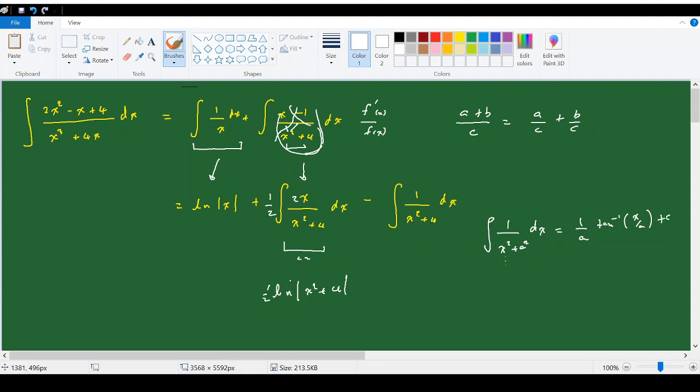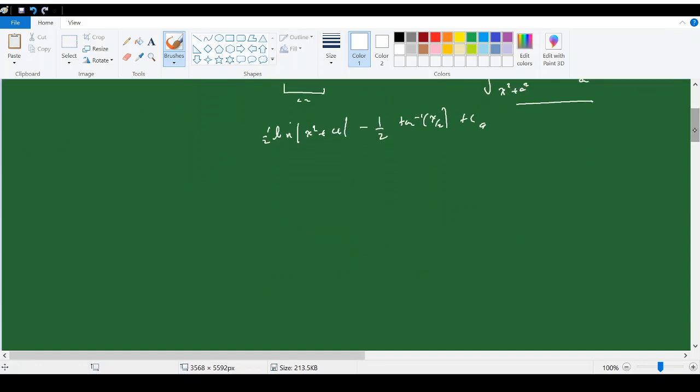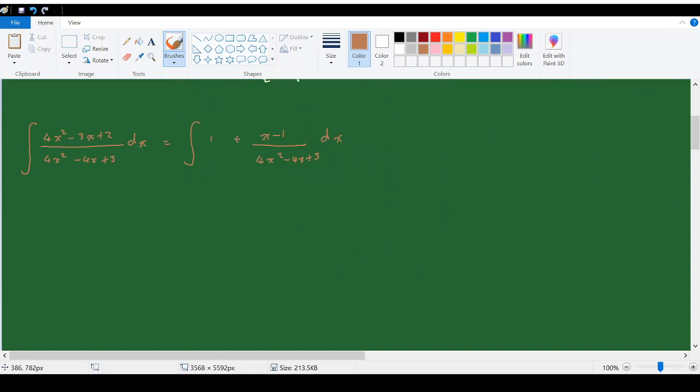So this is a standard result, and we have the same format for this integral, right? So we can write it as half times tan inverse x by 2. Okay, also don't forget to mention this c when you are doing the indefinite integrals, right?